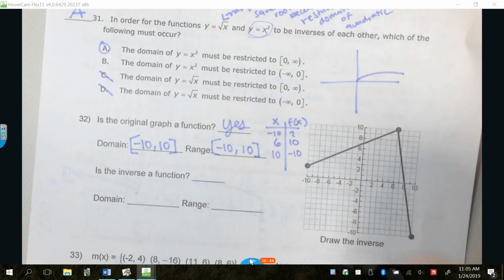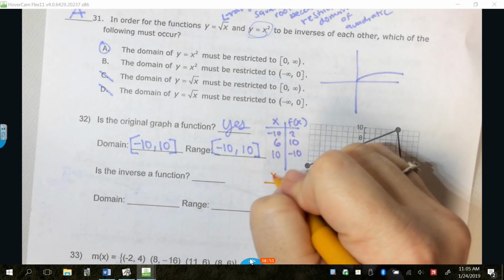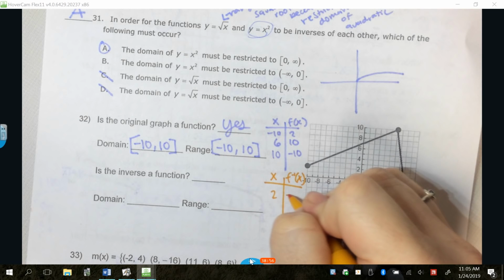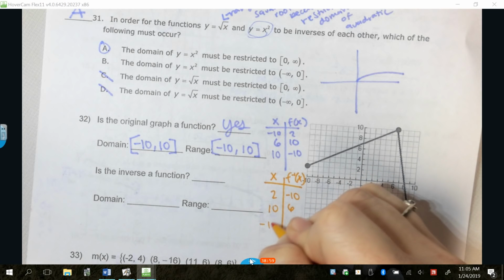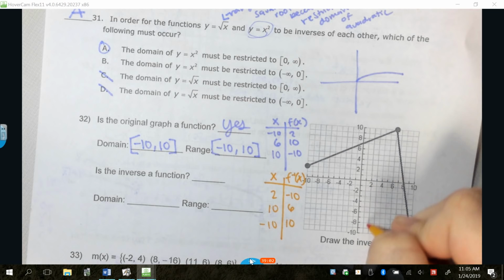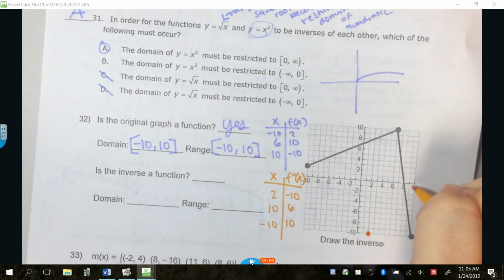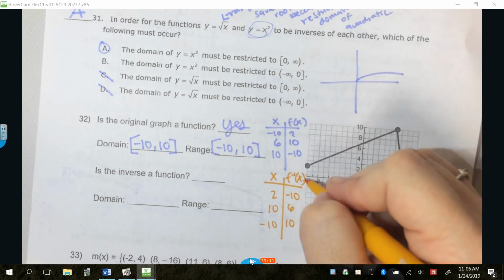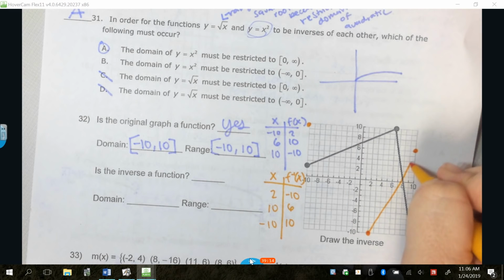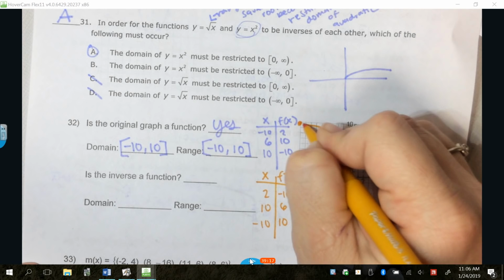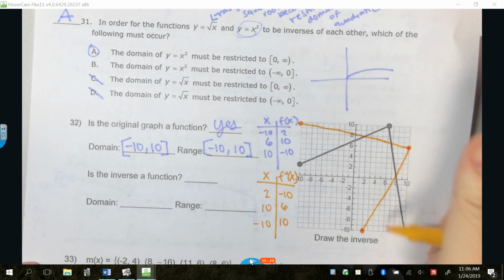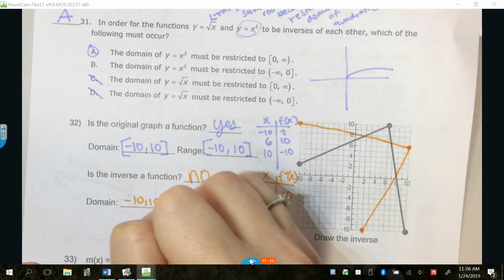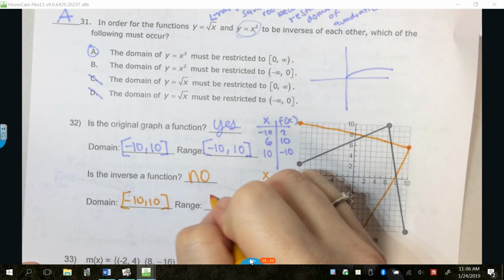So my inverse would be (2, -10), (10, 6), (-10, 10). So this is not, because if I draw a vertical line right here, it's going to touch twice, therefore this is not a function. But my domain is just the range. My range is just the domain of the original.